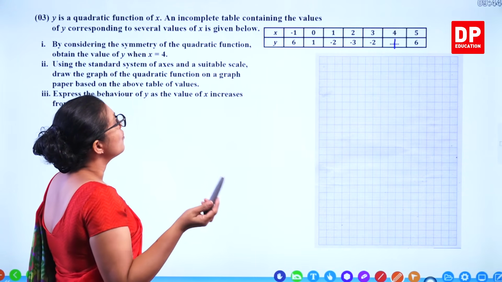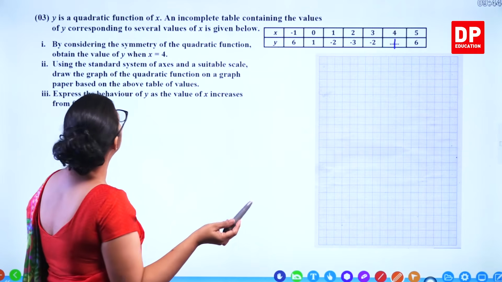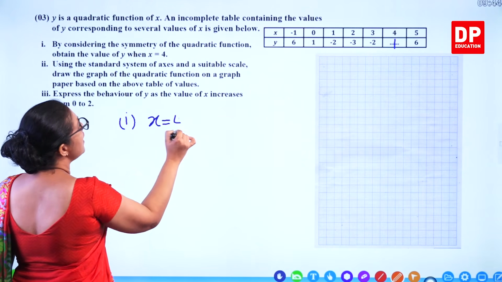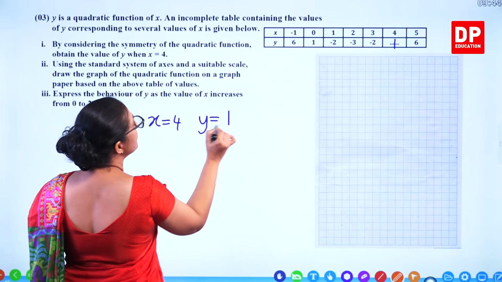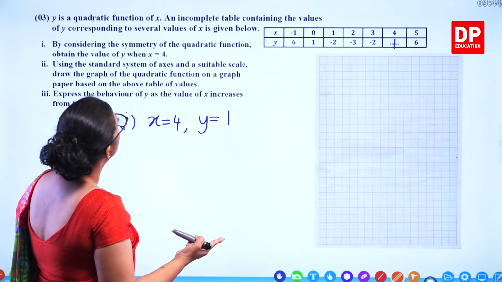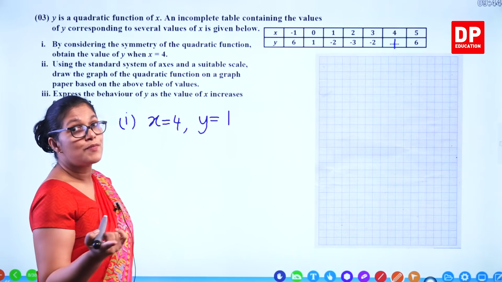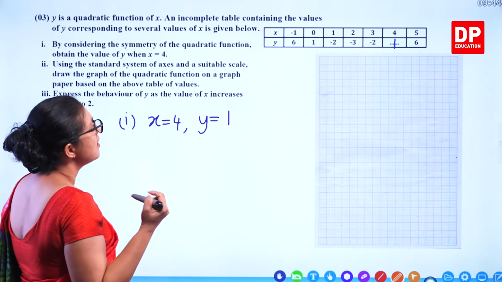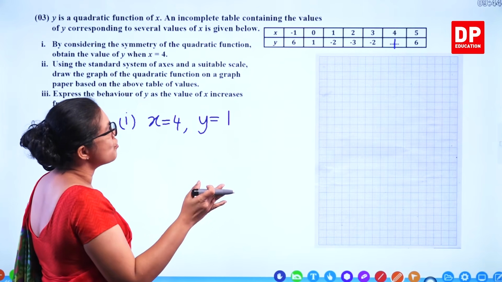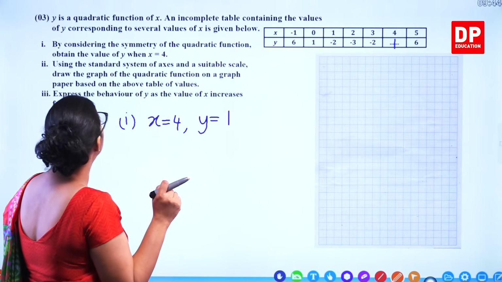So when x equals 4, y equals 1. Here you can't substitute because the equation is not given. So the only possibility is using the symmetry to find out the value.